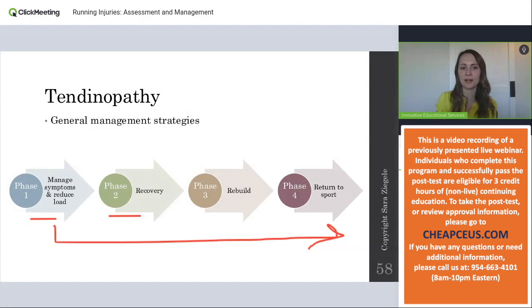Then we can focus on recovery. That's where we're going to start to go through these reorganizing type of exercises. We're going to try and get things to actually start to remodel or change. This rebuild, we need to take this slightly remodeled tissue, we need to make it better than it was before. And then finally, we need to actually reintroduce activity.